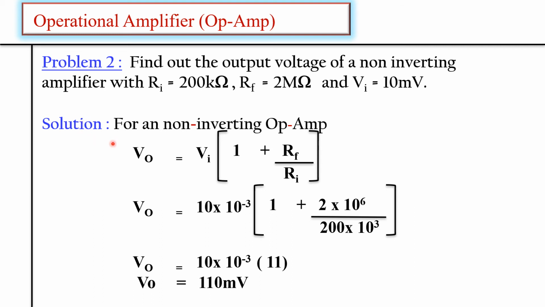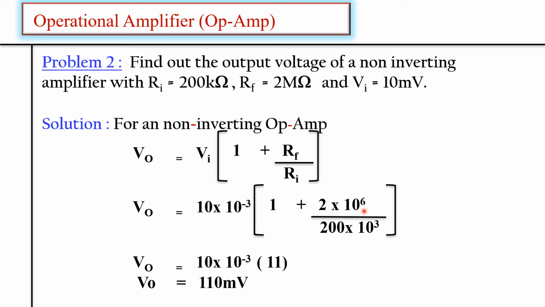For the solution, for a non-inverting op-amp, what is the relation between output and input voltage? V out is equal to Vi into (1 plus Rf upon R1). Let us substitute the values. So 10 into 10 raised to minus 3, (1 plus 2 into 10 raised to 6 upon 200 into 10 raised to 3).